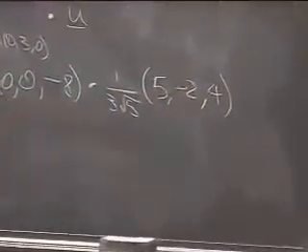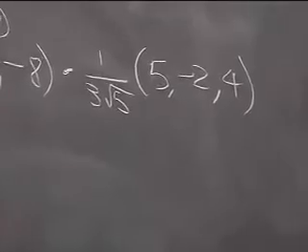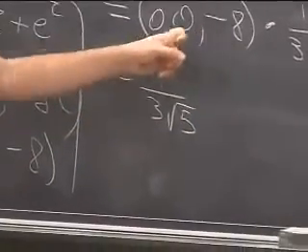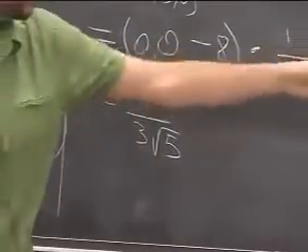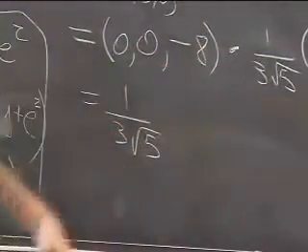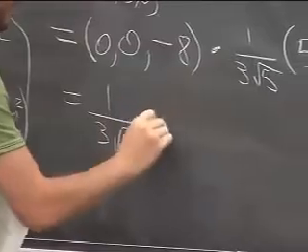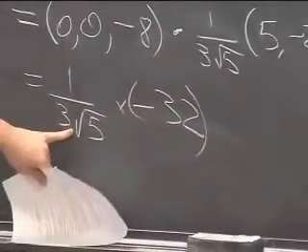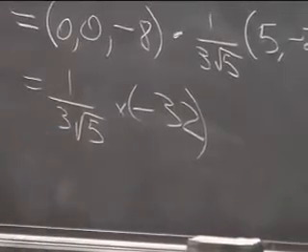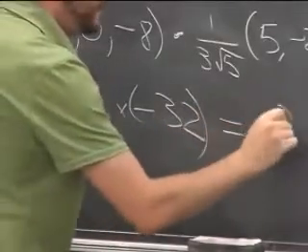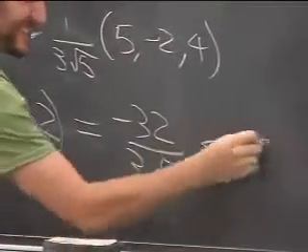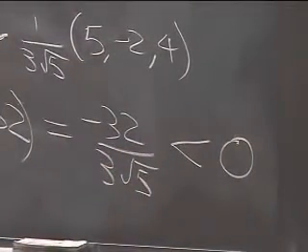This is just a constant, so it's going to come outside, 1 over 3 root 5. And it's just 0 times 5 plus 0 times minus 2 plus minus 8 times 4, which is negative 32. So you see, this doesn't matter, because whatever it was going to be, it was just a positive number. Actually, the only thing we care about is the sign of this. It happens to be negative, so that means it's getting colder.